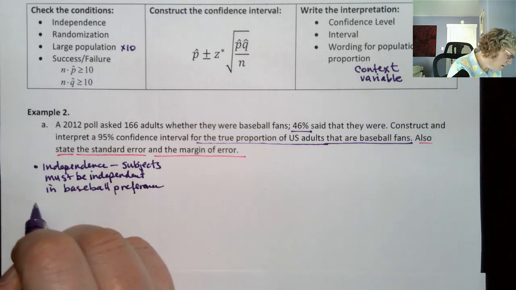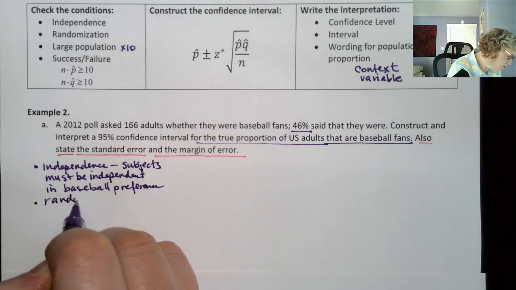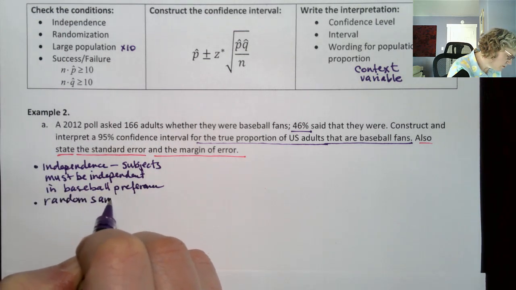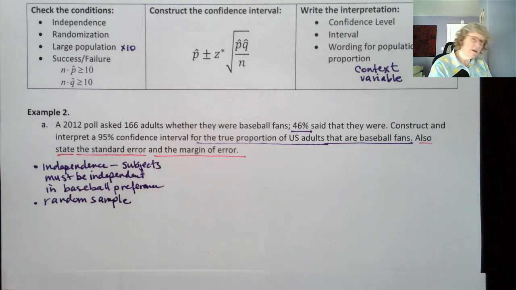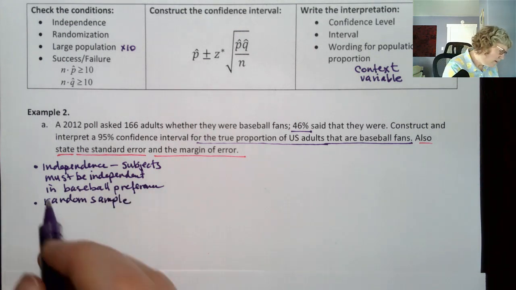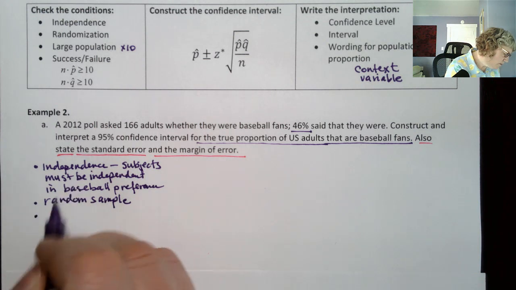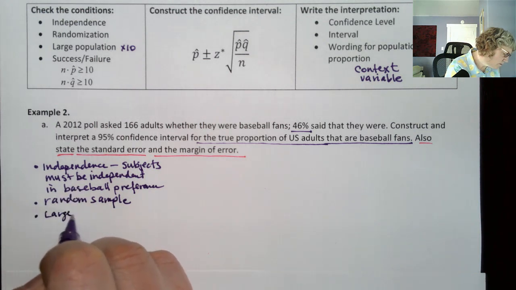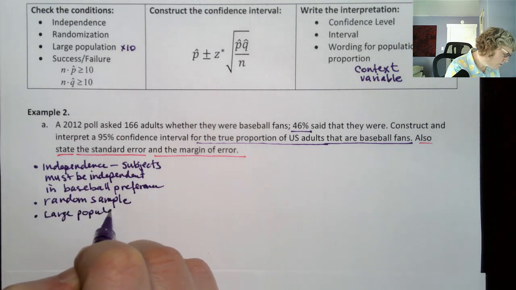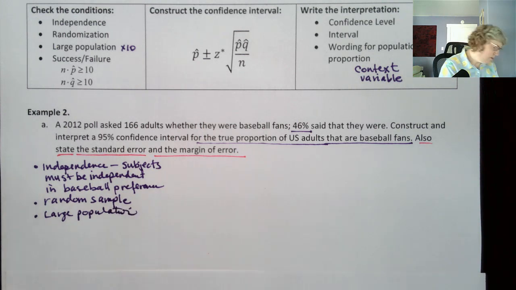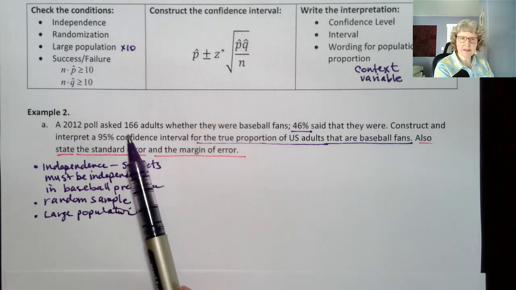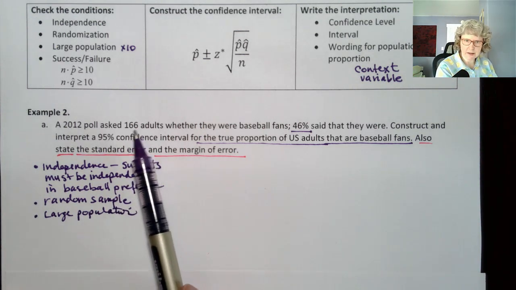Then we need a random sample. That's all I have to do for that one. Then large population. We have a fairly small sample size here, 166.